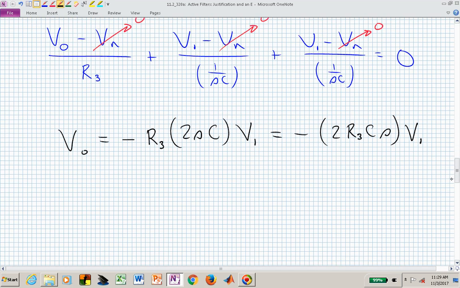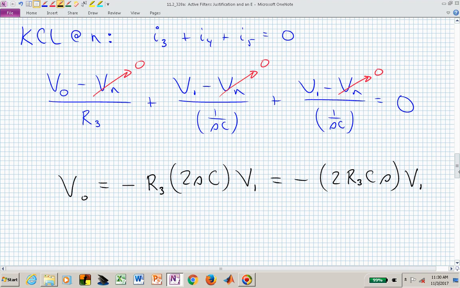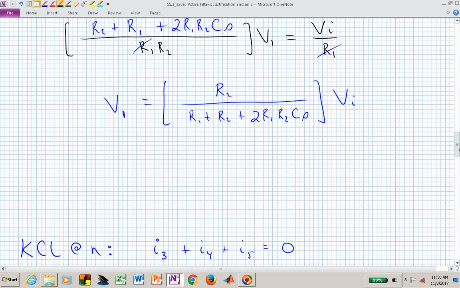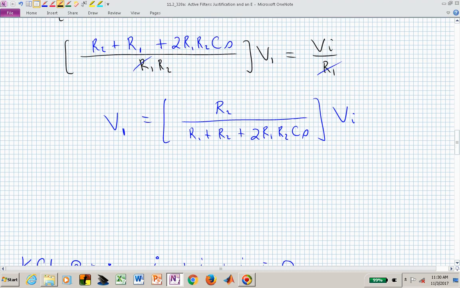That will now allow us to connect the input V sub I to the output V sub 0, because we can replace V sub 1 here with this expression for V sub 1.